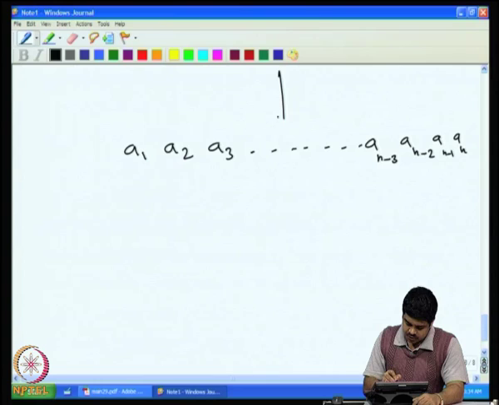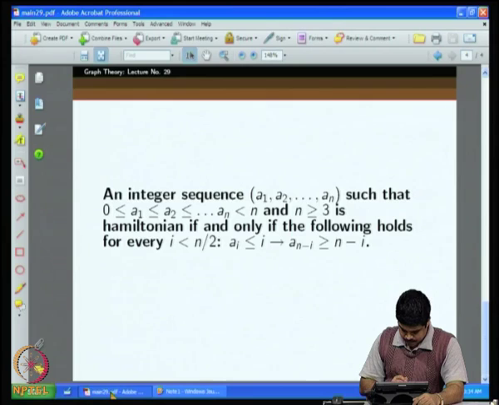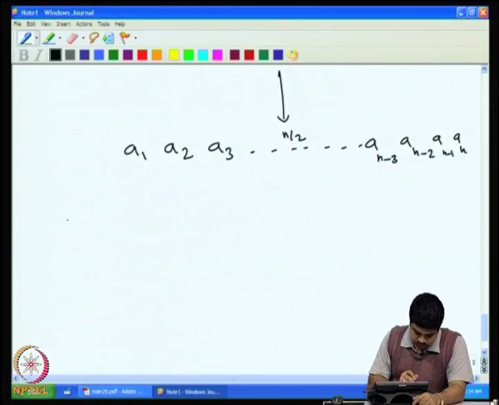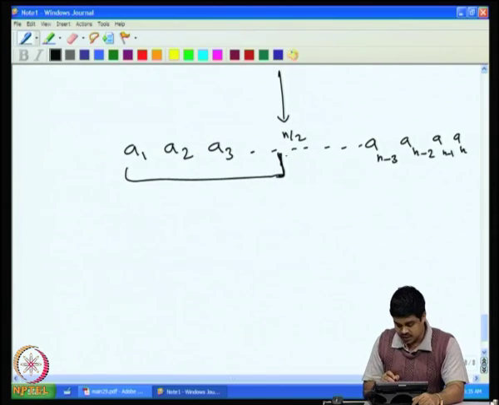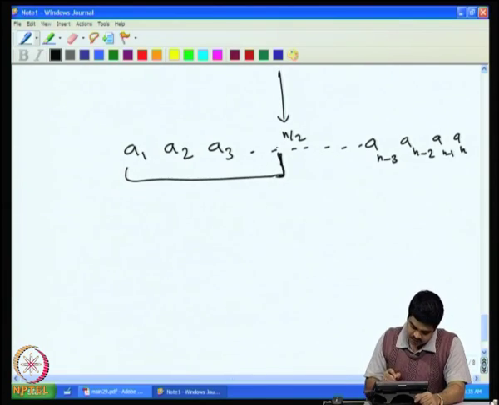We have an n by 2 here somewhere. For all i strictly less than n by 2. So, if you are picking some i, if n is odd, it goes up to floor of n by 2, and if it is even, up to n by 2 minus 1.